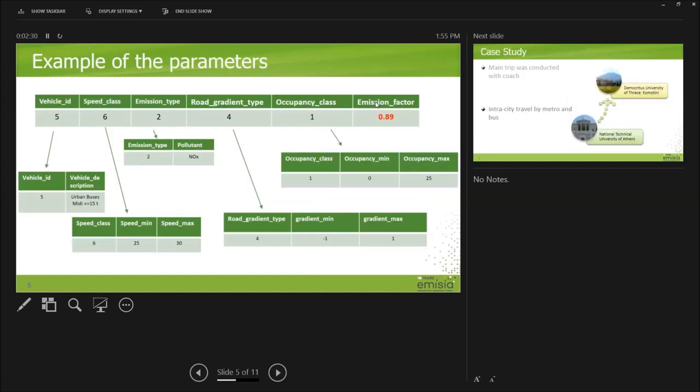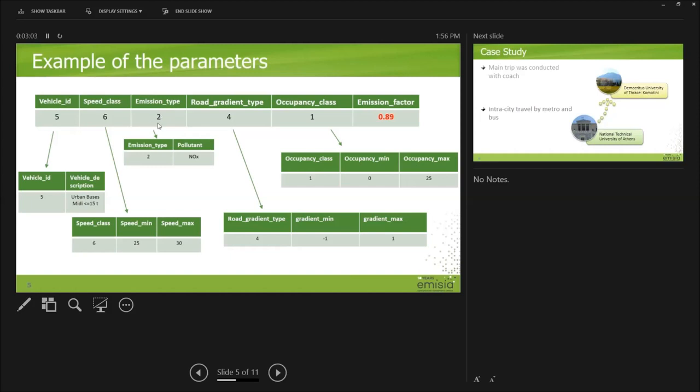So let's see an example of these parameters. If we have a table listing all these parameters, for example, the vehicle ID and the speed class, we have to translate these parameters to what they mean. For example, vehicle ID 5 corresponds to the urban buses, less than 15 tons. Speed class 6 is the speed class between 25 and 30 kilometers per hour. The emission type refers to the pollutant.